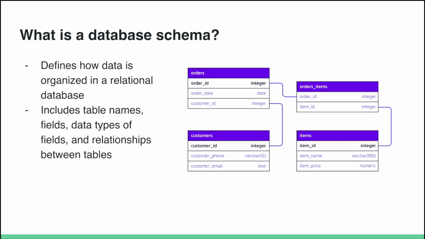We're going to show how those tables are connected to each other via primary key and foreign key pairs, what their data types are, what the field names are, what the table names are, and we may even have the length of that specific field. So here that's going to be 100 characters, and here that's going to be 12 characters. A database schema is basically an overview of a database, an organizational chart for a database. We'll be looking at database schemas a lot in the coming slides.